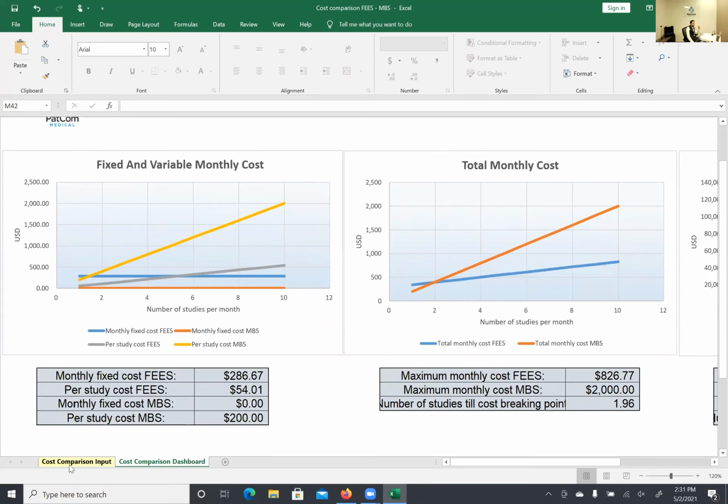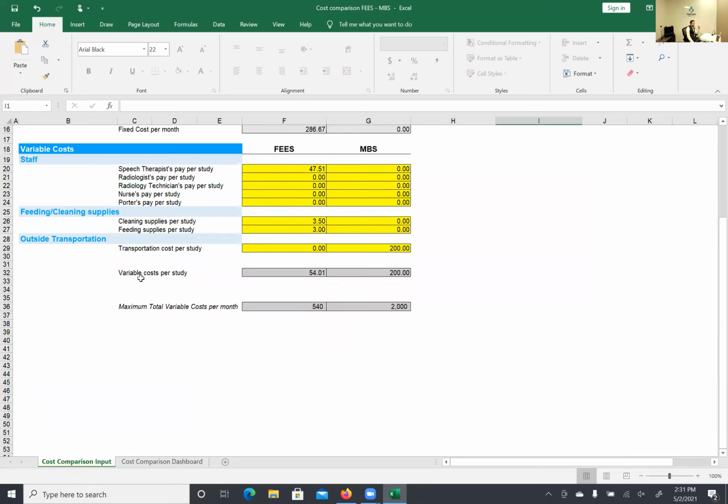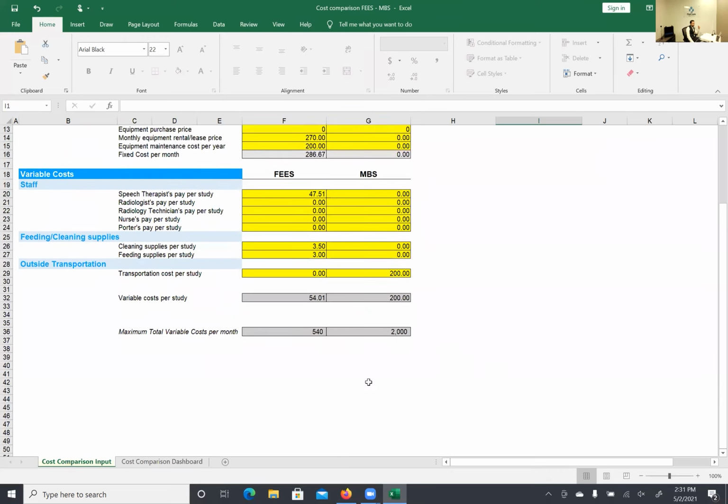So ultimately, as you can see, the variable cost of fees is so low that as long as you have a good cost saving between this number and this, you will be able to illustrate that having fees equipment really does make sense.